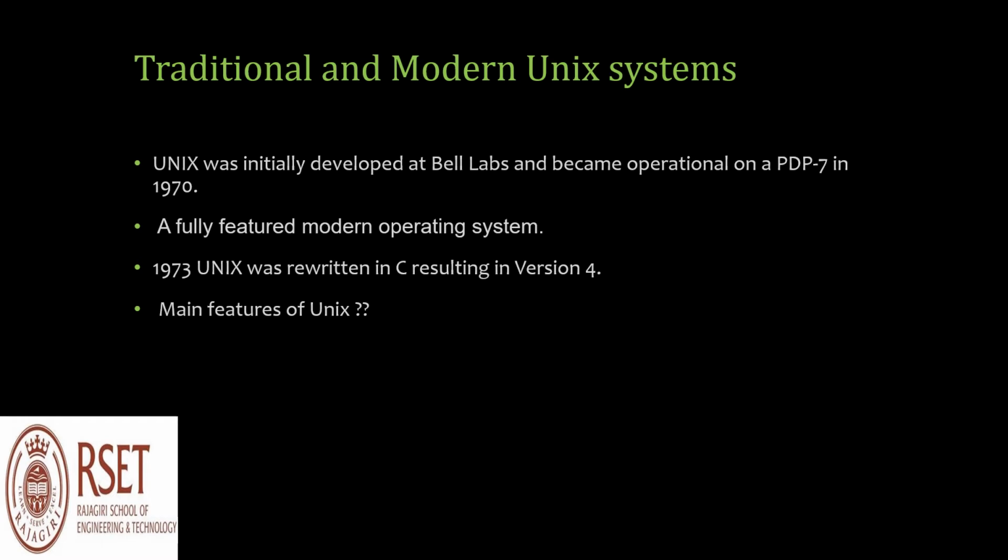In fact, the success of Unix is due to many factors, including its portability to a wide range of machines, its adaptability, its simplicity, the wide range of tasks it can perform, its multi-user and multitasking nature, and its suitability for networking, etc. Now, talking about the main features of the Unix system: it has the ability to support multi-user and multitasking.